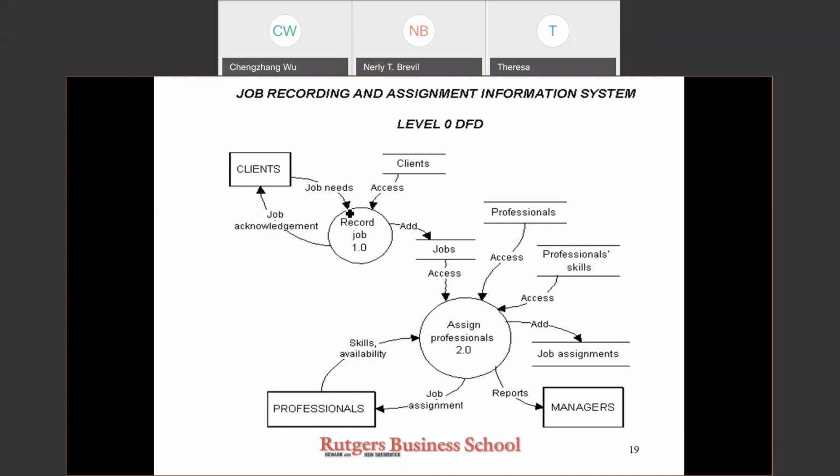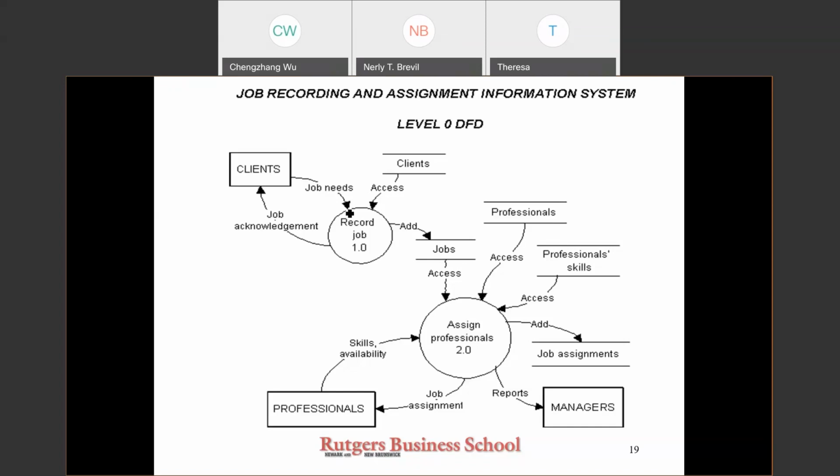The assign professionals process accesses the jobs, professionals, and the professional skills data store. It also receives input from professionals regarding their skills and availabilities. This process adds an entry to the job assignment data store, which shows the specific jobs to which each professional is assigned.